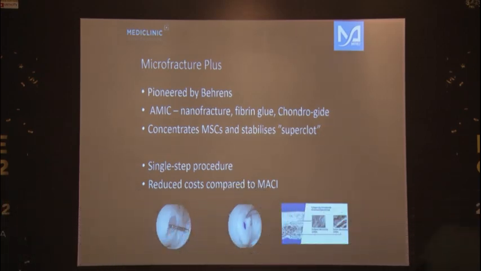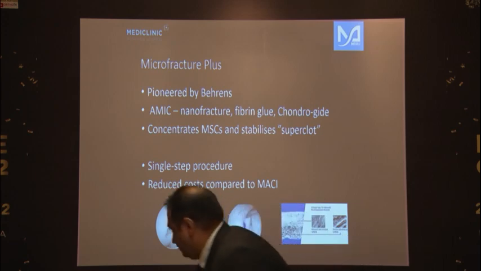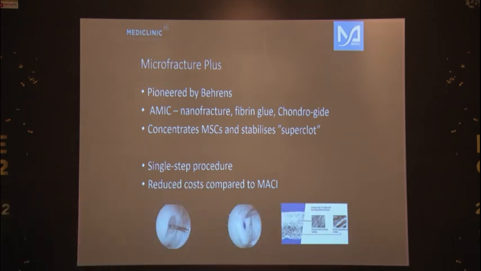So this was developed really to stabilize the superclot and to try and improve healing of the defects. The advantages of this, of course, are that it's still single step and it's much cheaper compared to two-stage cellular-based techniques. But again, this tends to create more fibrocartilage type healing rather than hyaline-like.